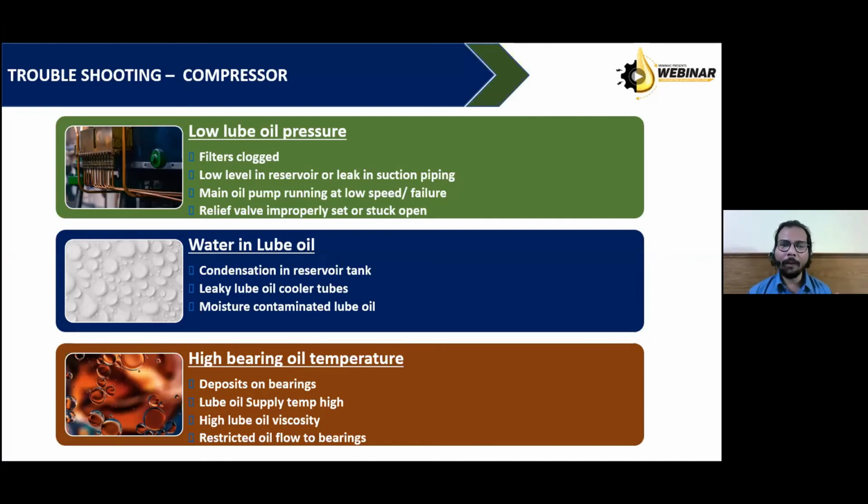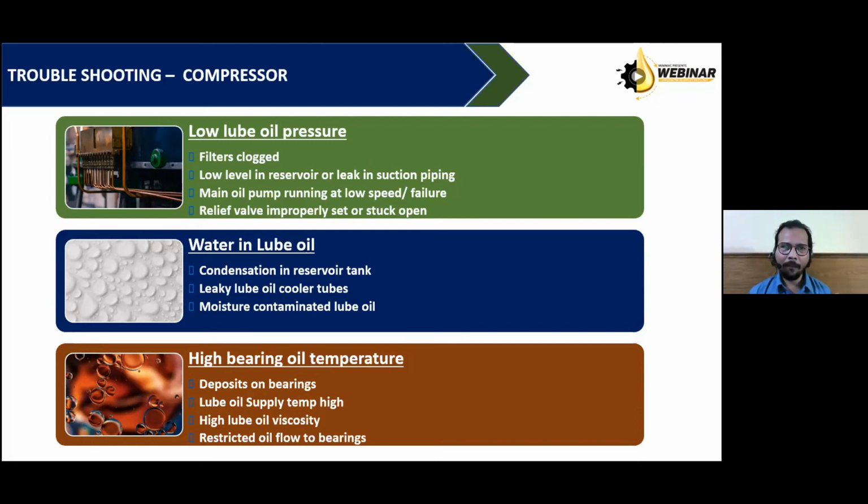Now coming to troubleshooting of the compressor. The first one we can see is low lube oil pressure. This is very common when filters are not monitored properly, or the differential pressure switch or gauge is malfunctioning and we are not changing the filter at the right time.